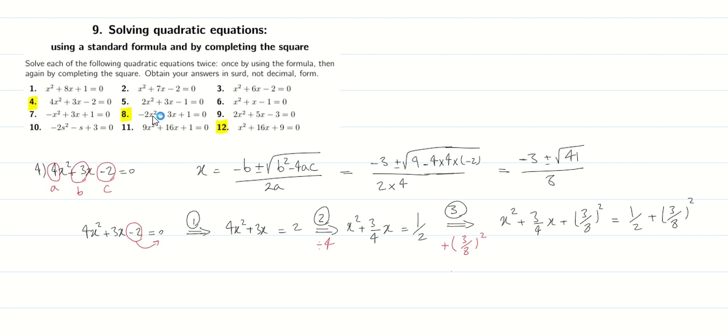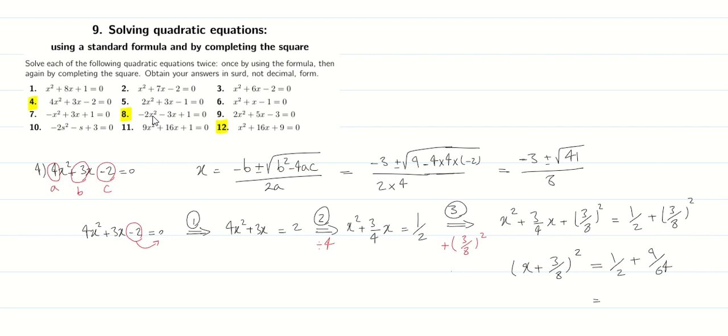Now on the left hand side, you see we have a perfect square trinomial, which is equal to x plus 3 over 8 squared. And on the right hand side, we have 1 over 2 plus 9 over 64. So in order to simplify the right hand side, as you guys know, we have two fractions with different denominators, so we have to make the denominators the same.